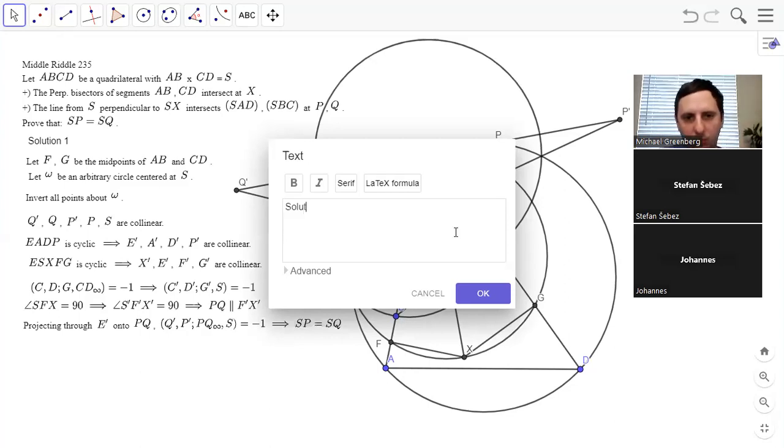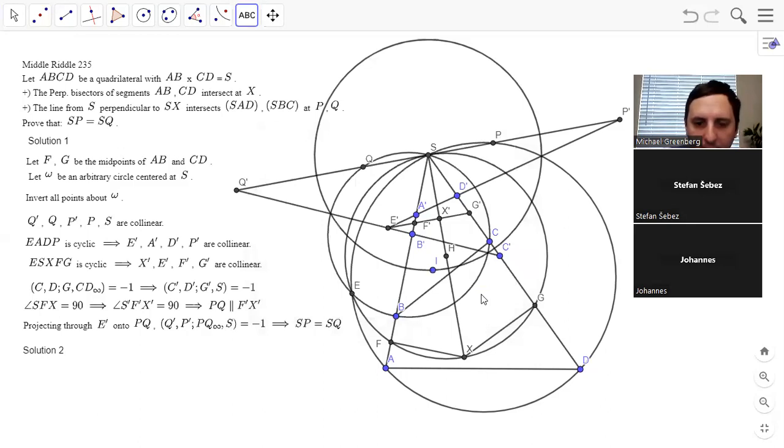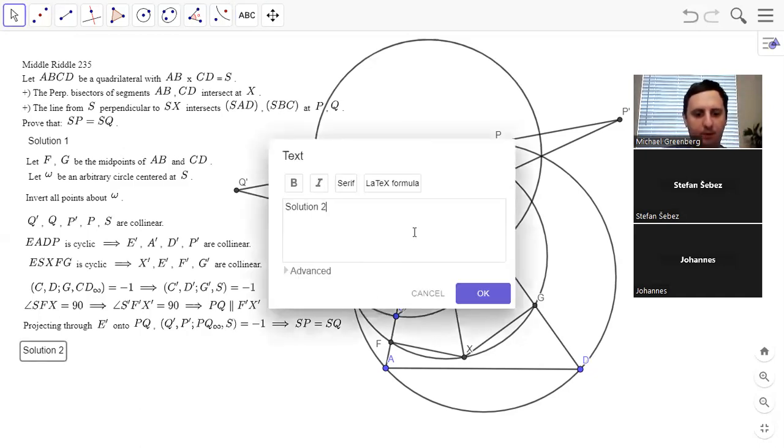Solution 2. So we have ESXFG is cyclic. So I'll just use some of the stuff I put above by the power ratio lemma.